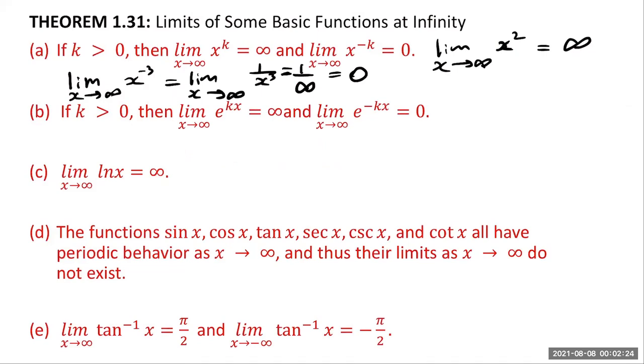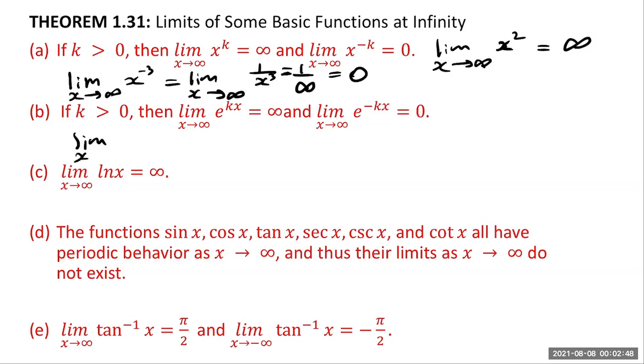All right. And the next part is, again, if k is bigger than 0, then limit as x approaches infinity, e to the power kx is infinity, and limit as x approaches infinity, e to the power minus kx is equal to 0. Here are some quick examples.